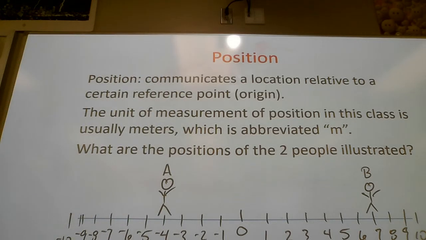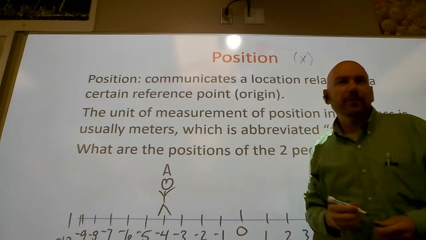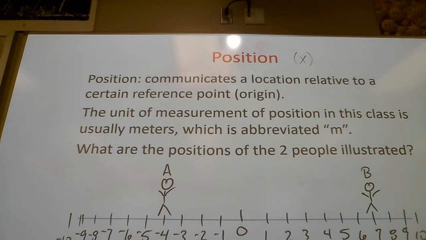In math class, x is the go-to variable, right? Like solve for x. In physics, different letters represent different measurements. Turns out that position, the variable for that is x. Okay, so if you're solving for x, I'm thinking you're solving for position.